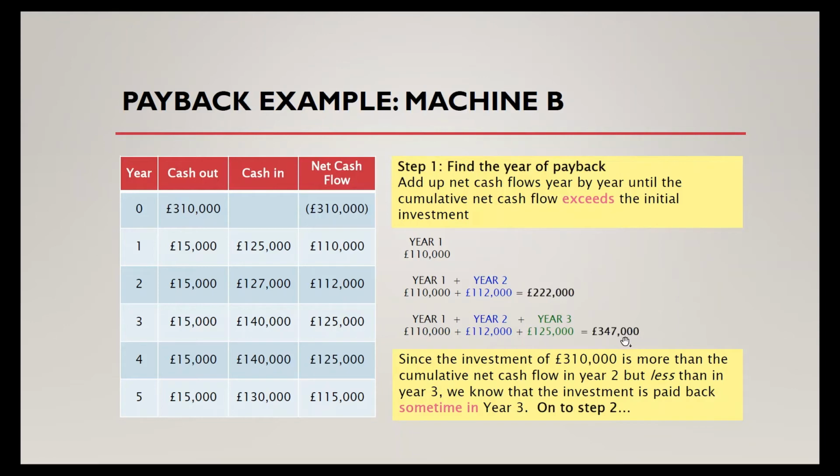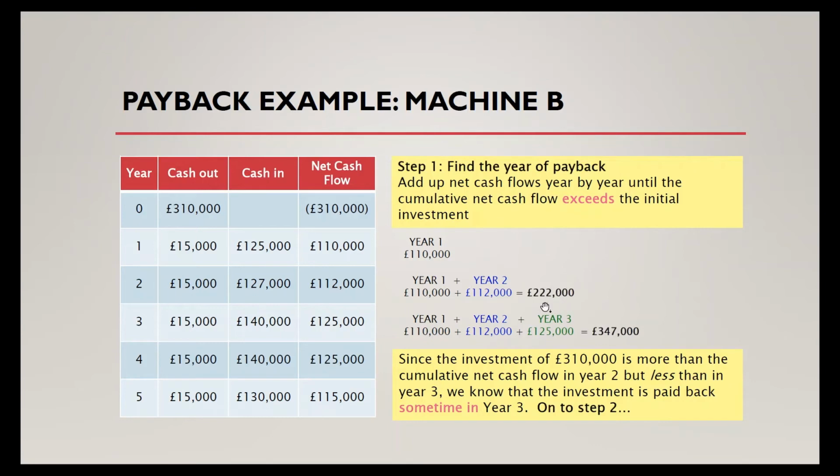Now this £347,000 is bigger than the initial investment of £310,000. In this case, we know that the payback period should be somewhere between the second and third year. Move on to next slide.